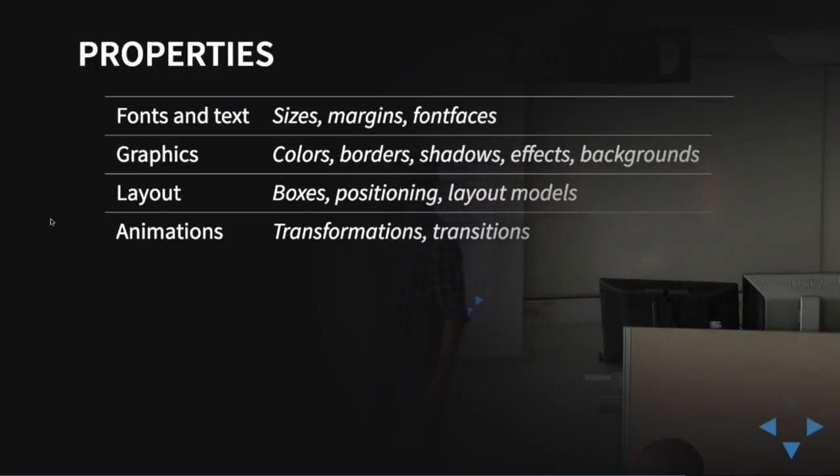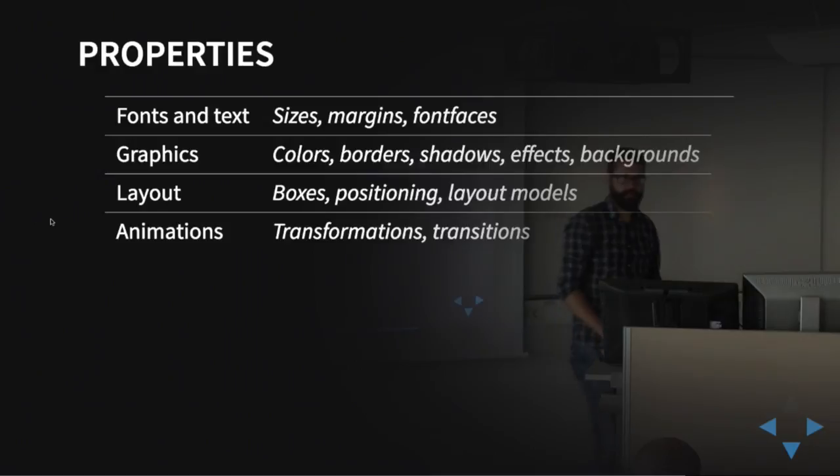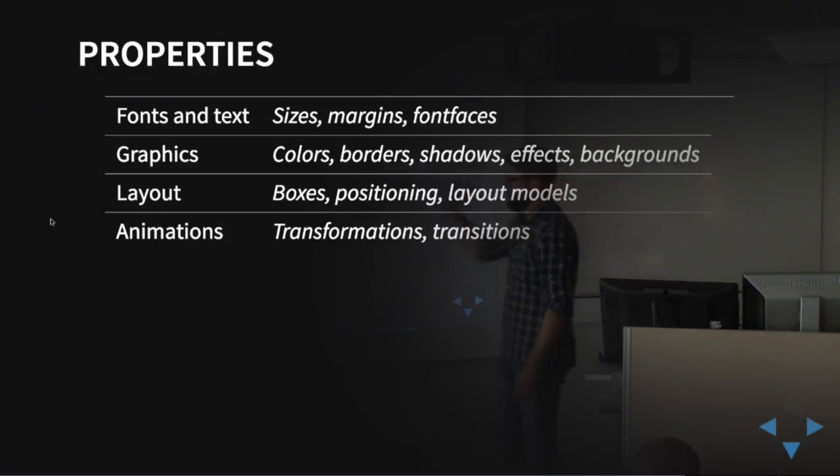Graphical properties, like colors, borders, shadows, different effects, backgrounds, etc. Layouts, like moving those boxes and making them lay out in a different way, or how it should be set up. And animations. This one is new in the later versions of CSS, to be able to do animations using CSS. You can actually do a lot of stuff using just CSS in animating things on the page.